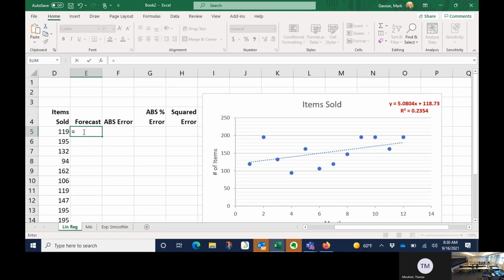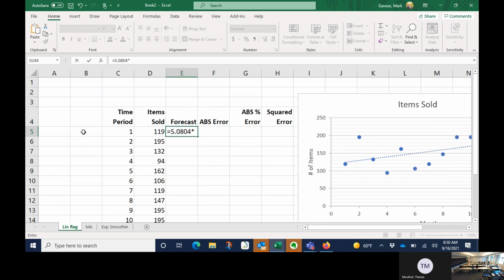I would like equal sign. Equal sign tells Excel, hey, I'm about to do a calculation. And I'm going to multiply 5.0804, and then times is the asterisk, and I want to multiply the x. X is the time period or the month. So I click there. So now I have C5.